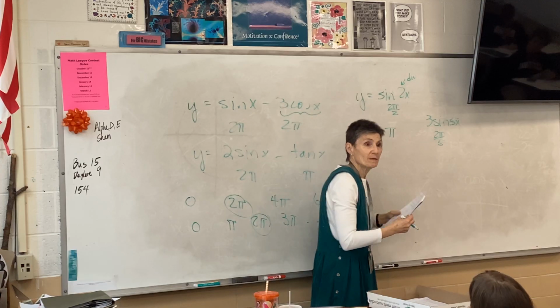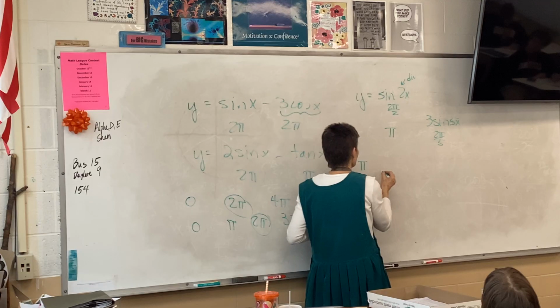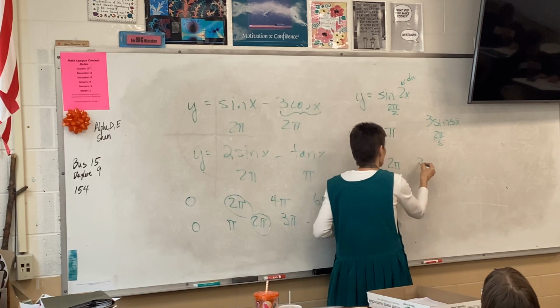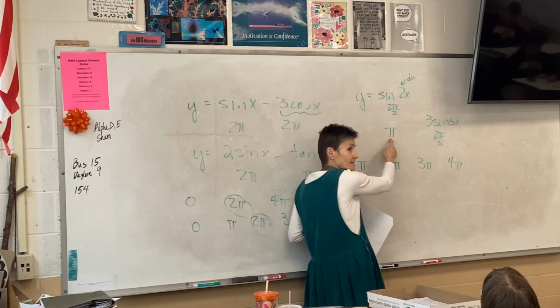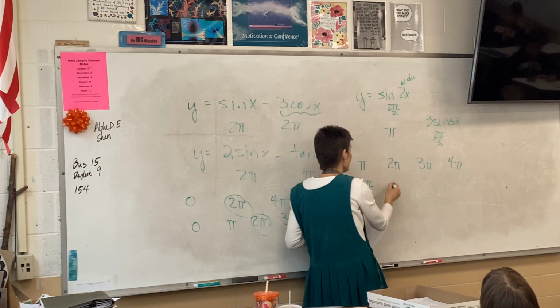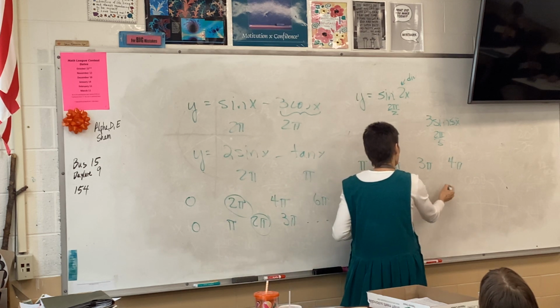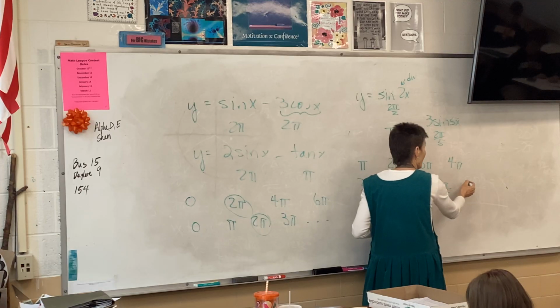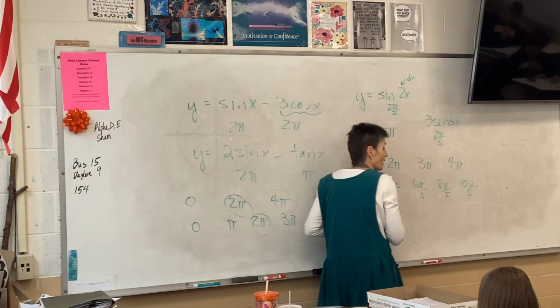But what will the period be? Be careful. Pi, 2 pi, 3 pi, 4 pi, and as many as you want to go. That's these, right? Then this one will be 2 pi over 5, 4 pi over 5, 6 pi over 5, 8 pi over 5. Are you following what I'm doing? 10 pi over 5. Stop. What's 10 pi over 5?